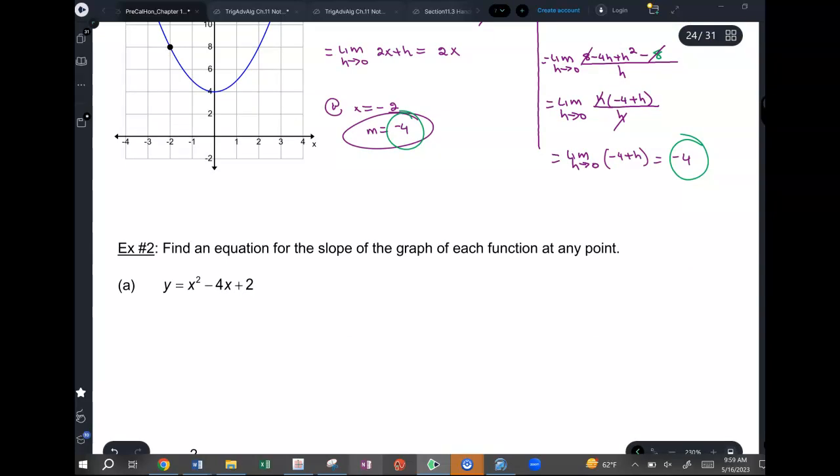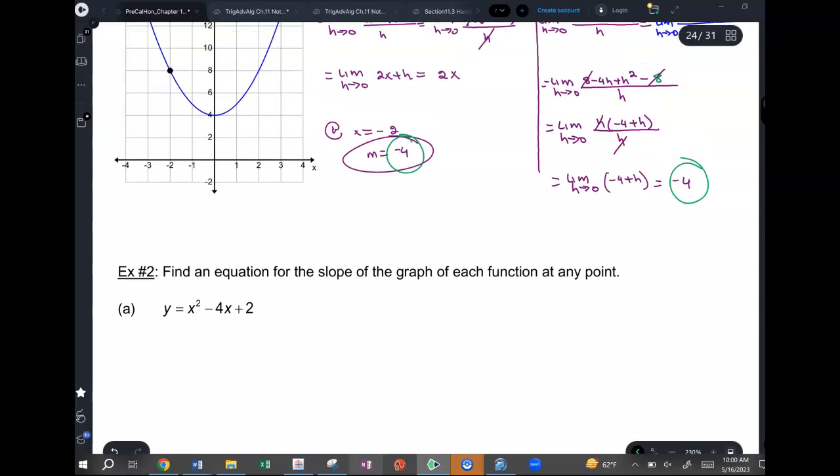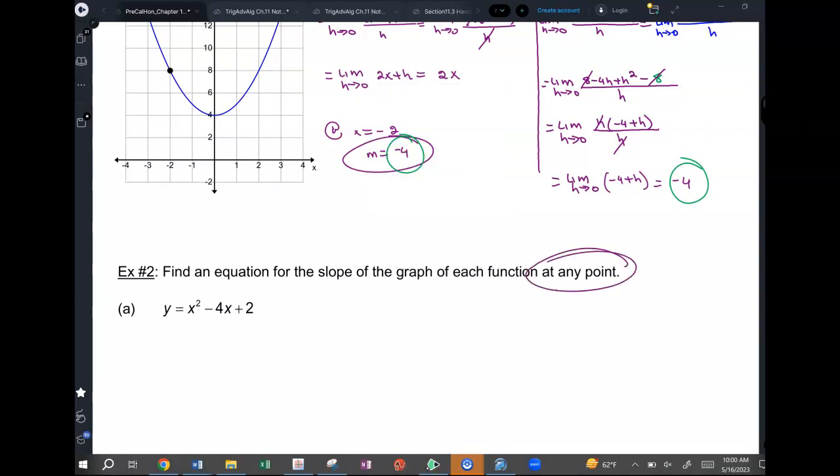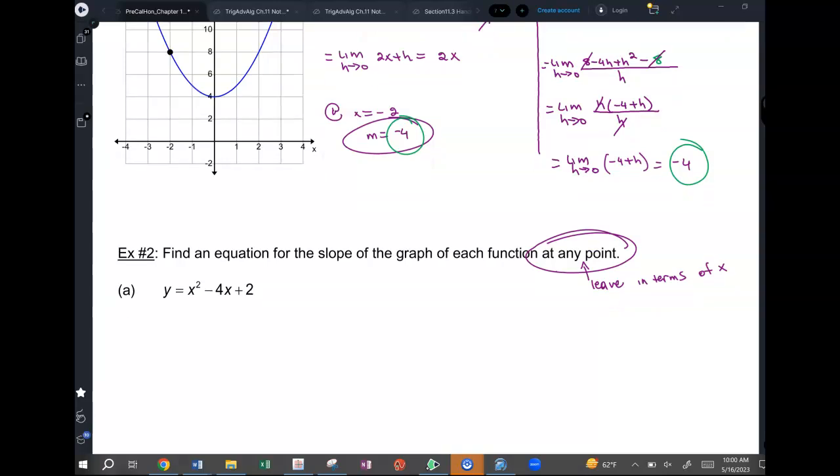Okay, so here it says find an equation for the slope of the graph of each function, not at a specific point, at any point. That means you have to leave your answer in terms of x. So this time you could only do it with the first method.